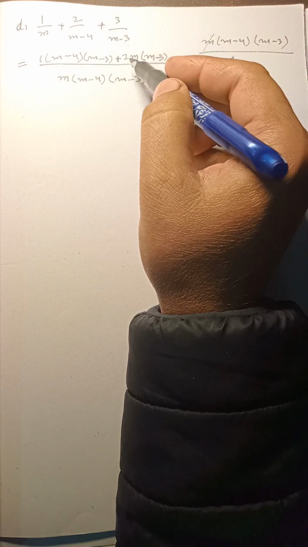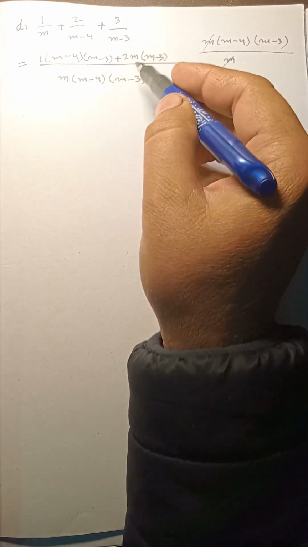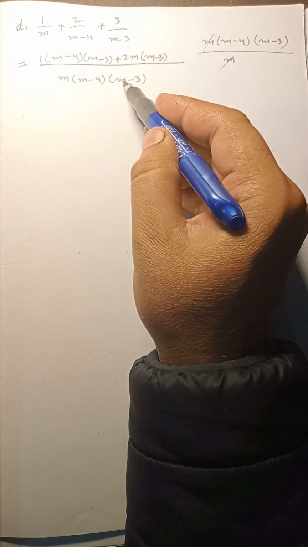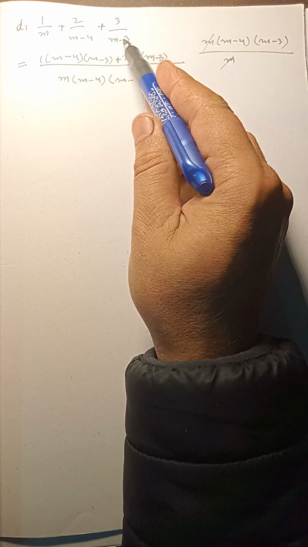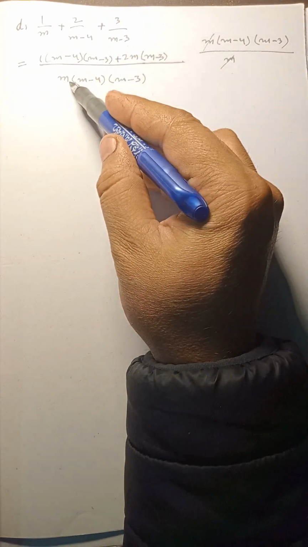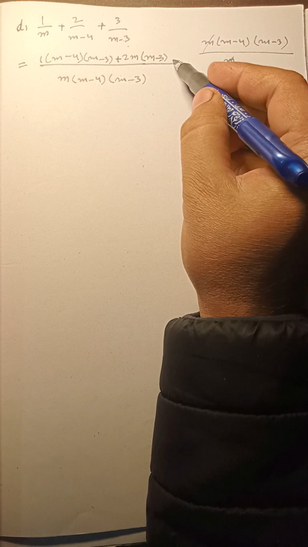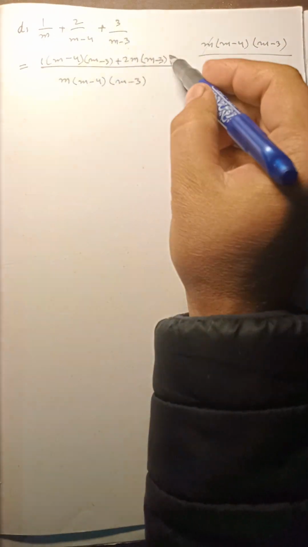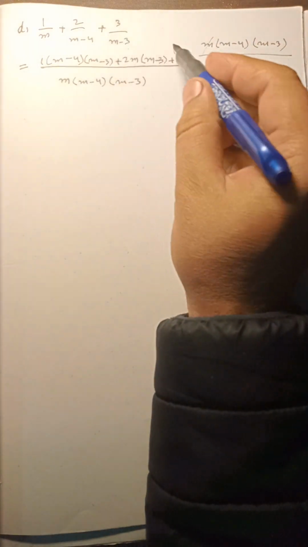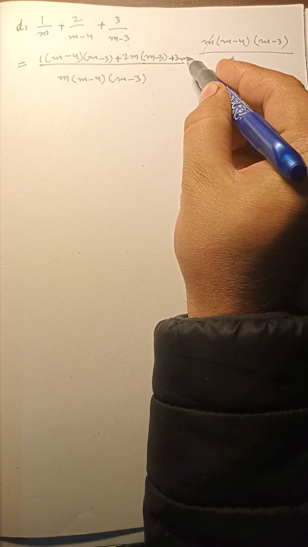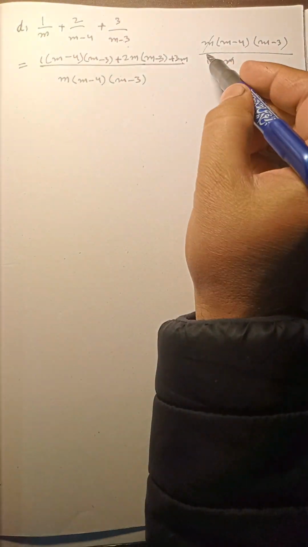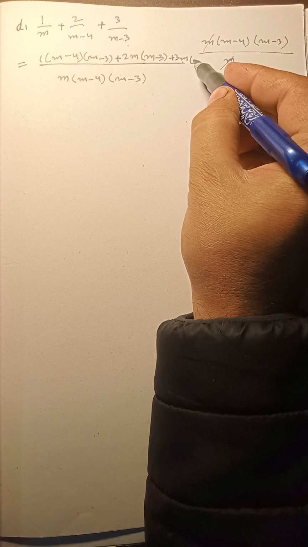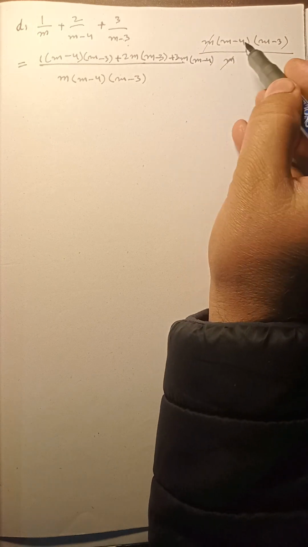And lastly, this will be cancelled with the help of this, and it will be there in the numerator, and you will also write this plus sign, then 3m, this m, and m minus 4 into m minus 4.